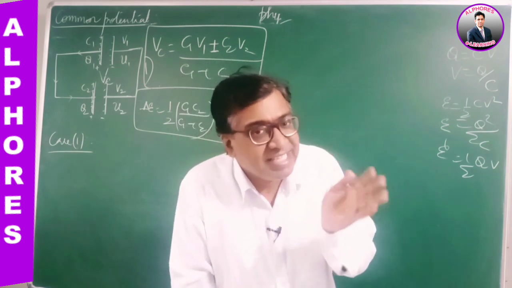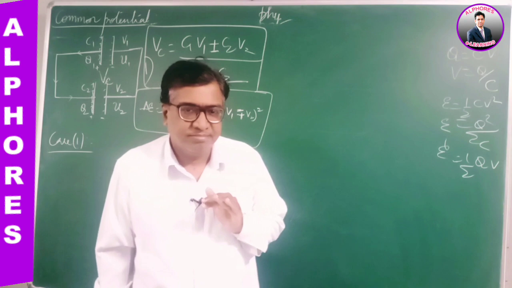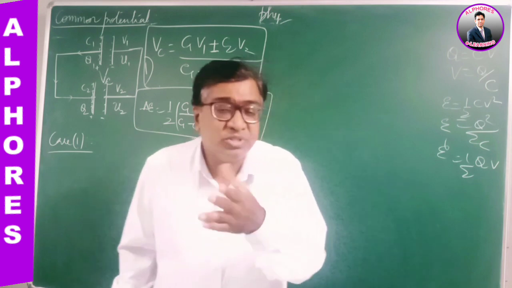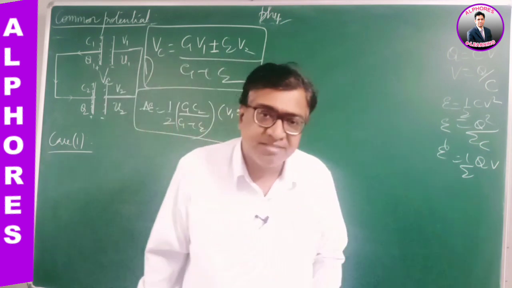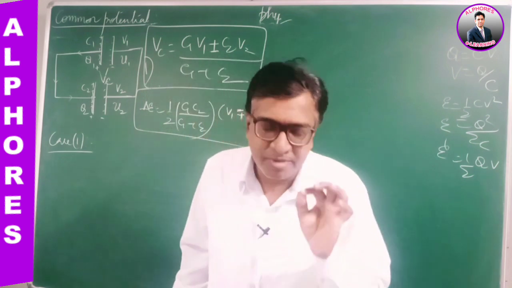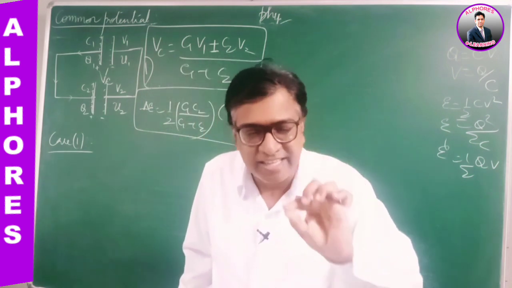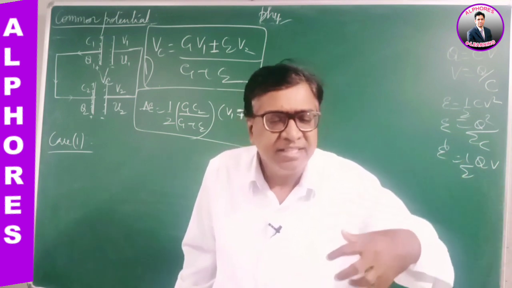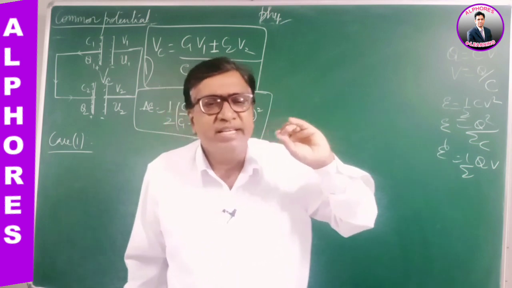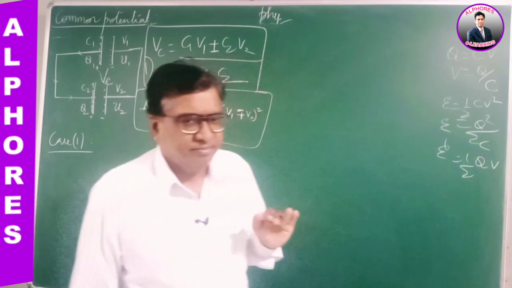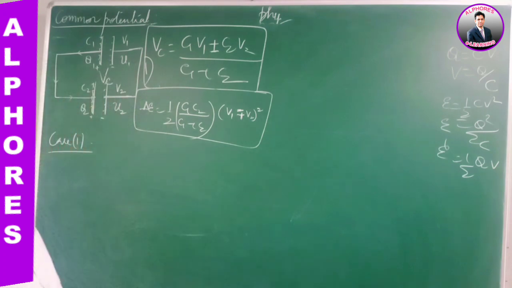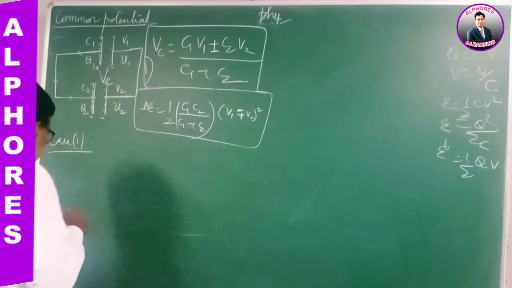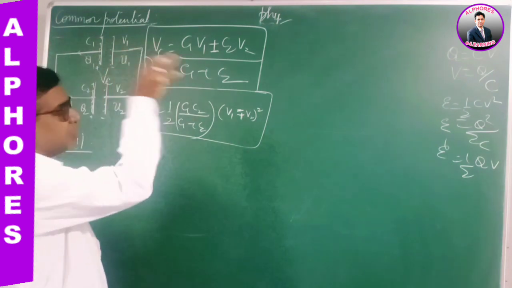If the second capacitor is uncharged and the first one is charged, or the other way around, with the first uncharged and the second charged, then always remember, if the capacitor is uncharged, it is not connected to any source, it has not attained any charge or potential, so its potential is considered to be zero.